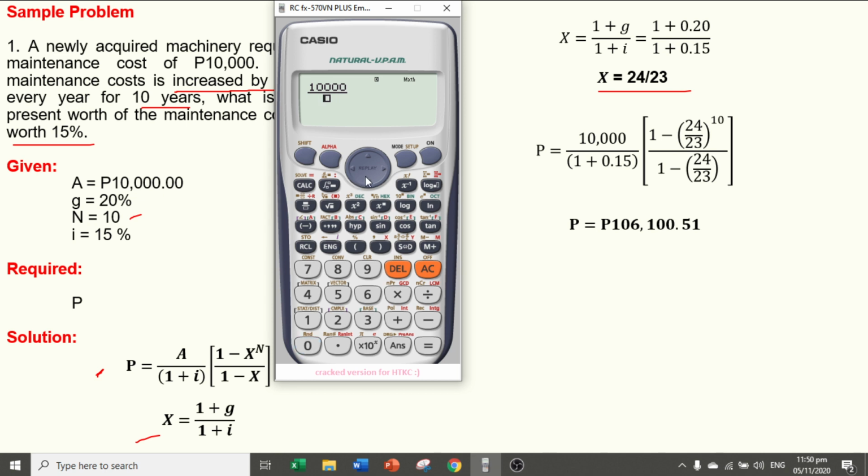So, try natin solve ba? 10,000 over 1.15 or 1 plus 0.15 times 1 minus, 24 over 3.